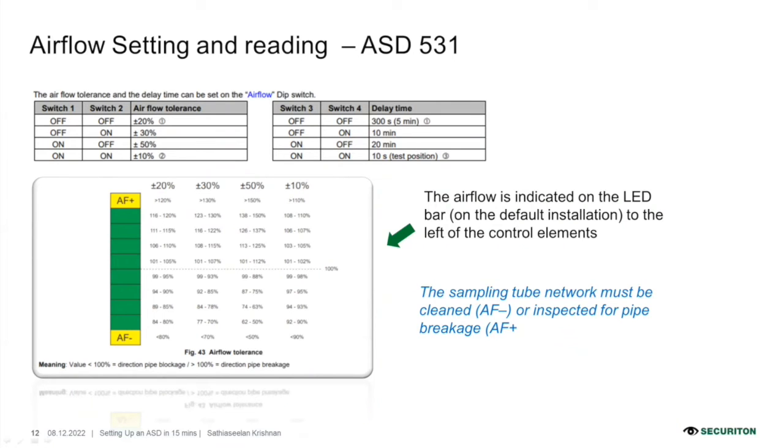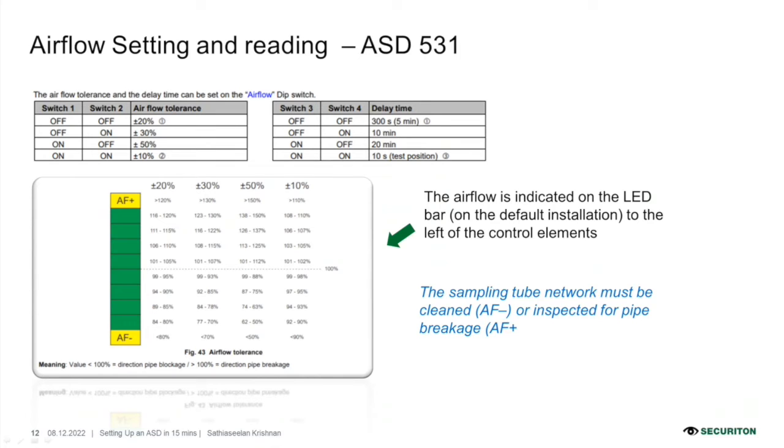And in the DIP switch, when you are setting up, we have to make sure that the system is set to 20%, which will fulfill EN54-20. But there is also tolerance for 30%, 50%, or a lesser value of 10%. But please take note, anything beyond this 20% does violate EN54-20.